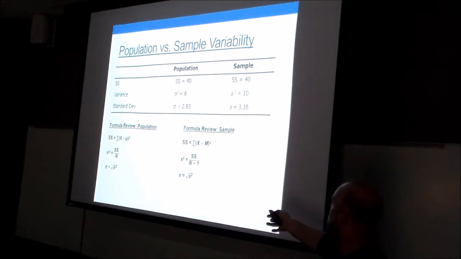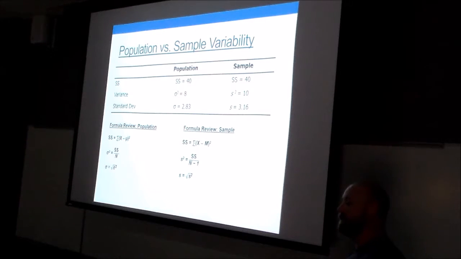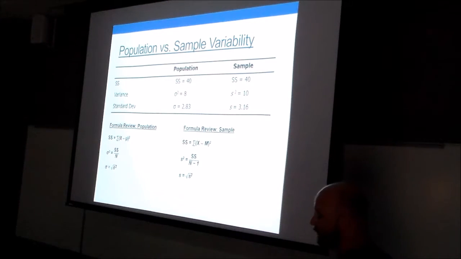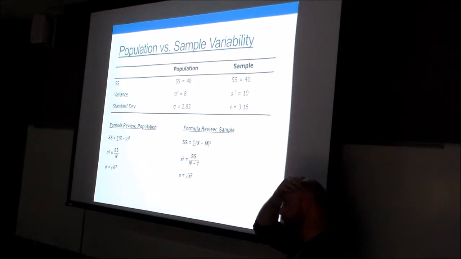And then standard deviation, taken as the square root of both of these, gives a smaller estimate using the population formula than using our sample estimate. But in general, this is what we're going to be using because we're never going to be using population values.